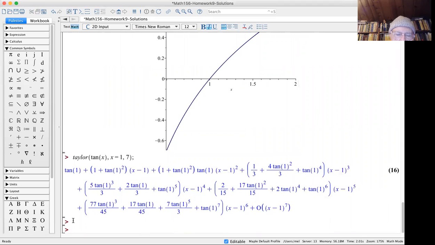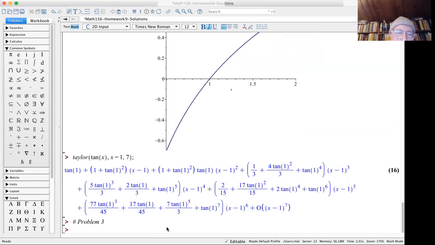Okay. Problem 3 wants us to take the Taylor polynomial for the square root of x and see how many terms we need to have a good approximation to the square root of 1.5.